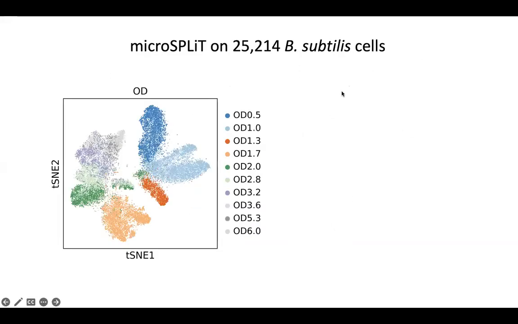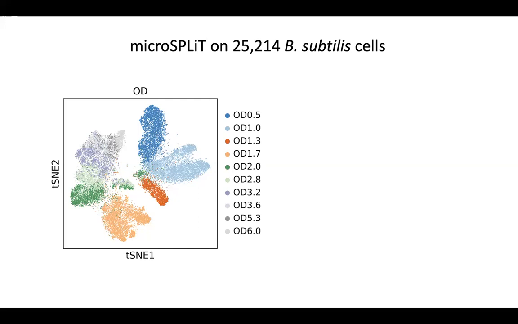These are the results of microSPLiT on 25,000 Bacillus cells, colored by sample identity. We could capture all of the samples in 2 experiments, and we could have done one, but we just wanted to have replicates.